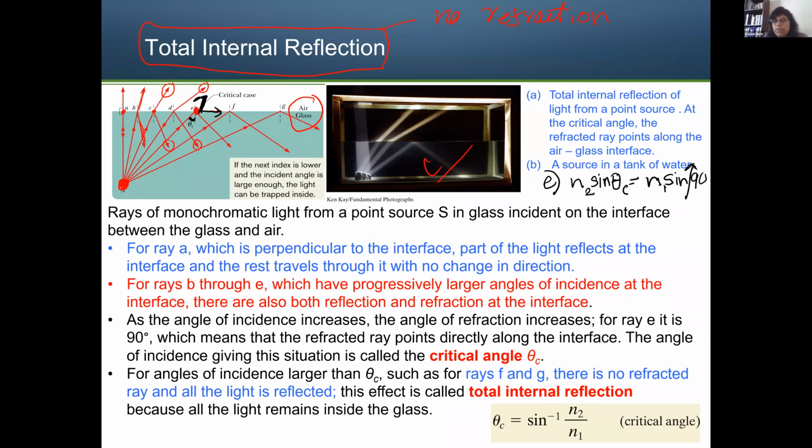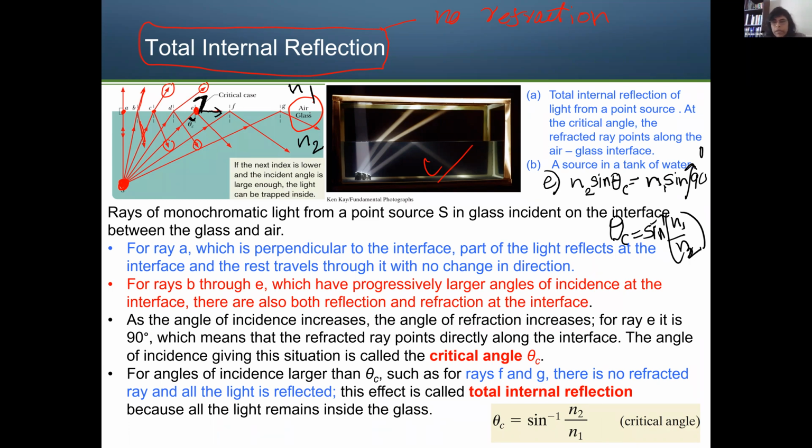Sine 90, as we all know, is just 1. Then you can calculate the critical angle by dividing by N2 first, and then taking the sine inverse of N1 over N2. So that is called the critical angle.